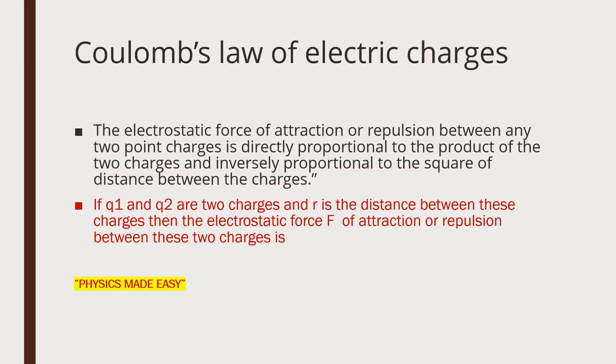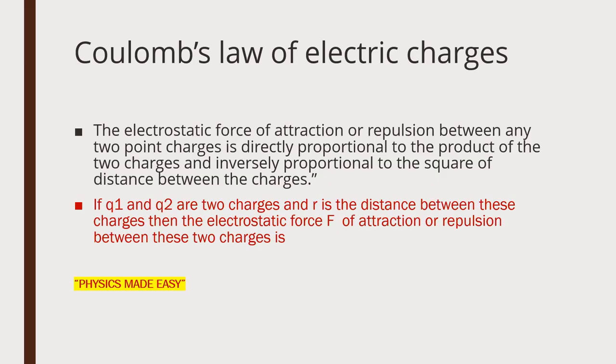Here is the most important concept of this chapter, Coulomb's law of electric charges. This law states that the electrostatic force of attraction or repulsion between any two point charges is directly proportional to the product of the two charges and inversely proportional to the square of the distance between the charges. To explain this statement, let us take an example.